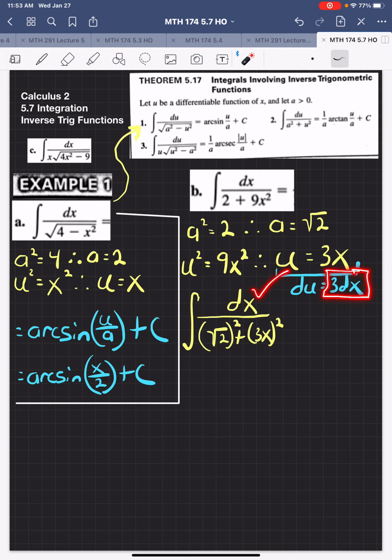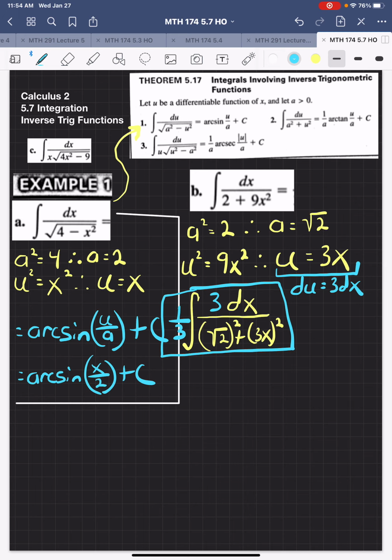Now I have the dx, but I don't have the 3. That's not a problem. I can multiply by 3 as long as I divide by 3. So this little manipulation is what has to happen in order to integrate this. I can place a 3 here as long as I divide by 3 here.